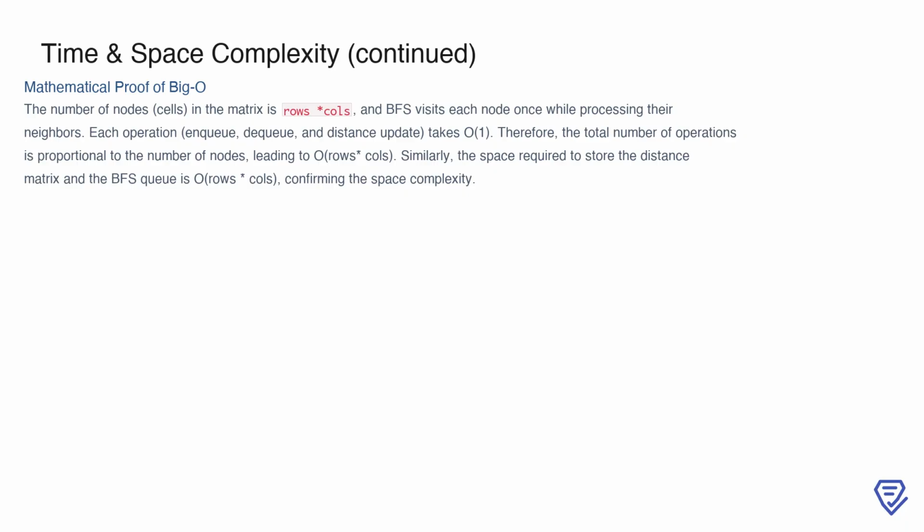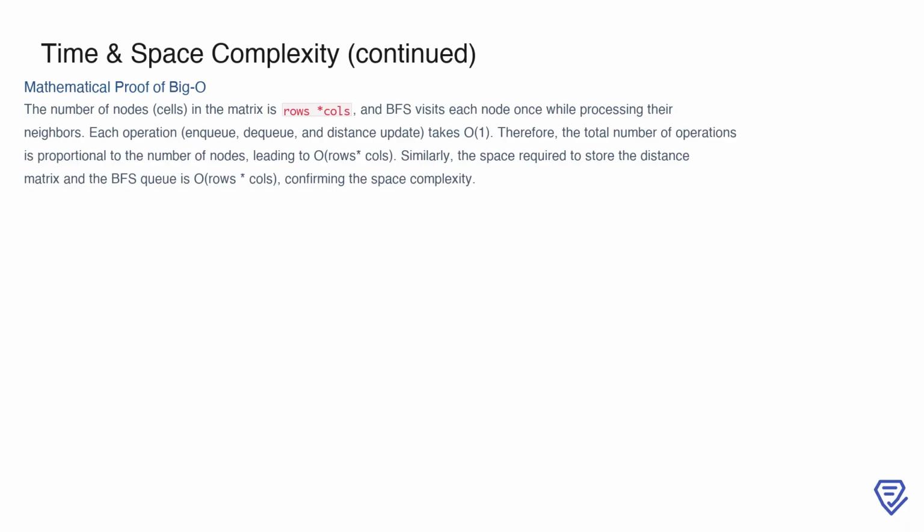Consequently, the total time complexity of BFS is proportional to the number of nodes, resulting in rows * cols. Similarly, the space complexity arises from storing the distances matrix, which is rows * cols, and the BFS queue, which at most holds rows * cols elements. Combined, these confirm that the overall space complexity of the solution is also rows * cols, aligning perfectly with our earlier analysis.